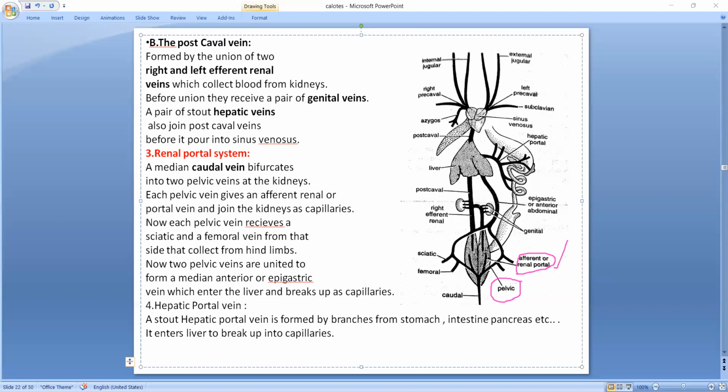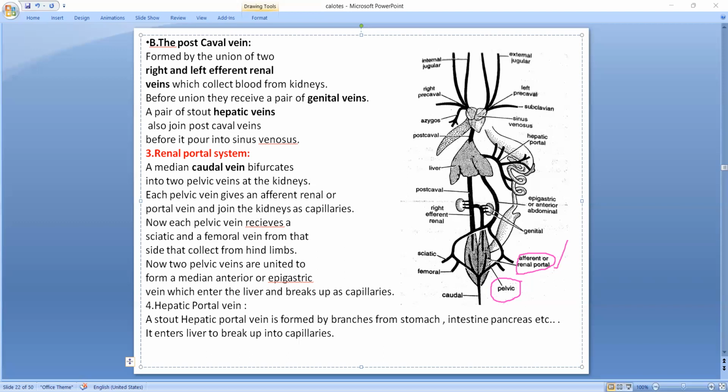This renal portal vein ends as capillaries in the kidneys. In the kidneys it breaks into many blood capillaries that supply blood collected from the posterior part of the body.